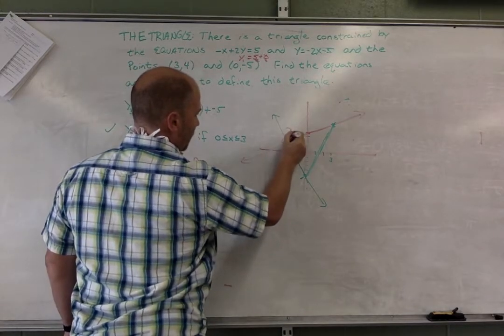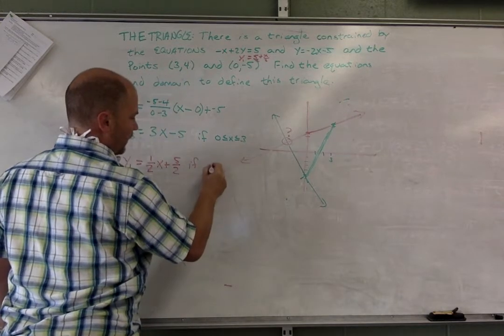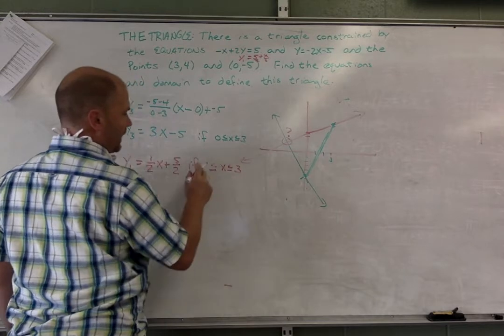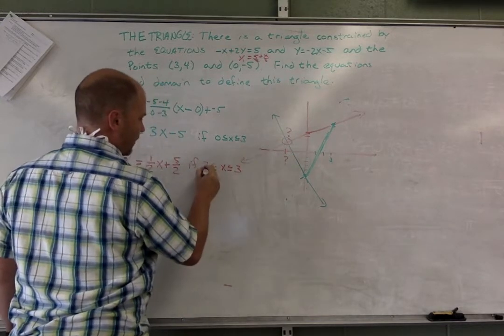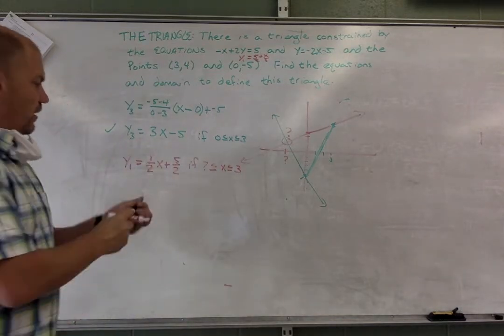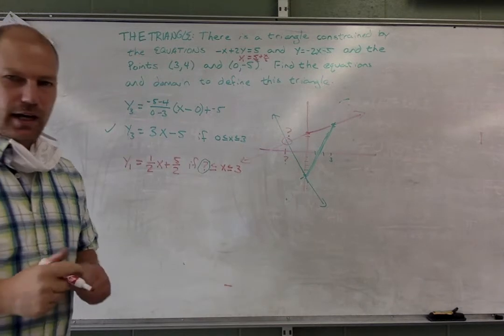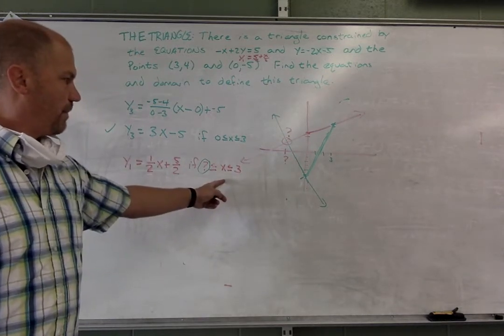That's my big question mark. But I know that I only care about it up to 3. So I only care about it from this question mark to 3. I'll mark it so I know I need to go back and find that number, but the rest of it is all set.